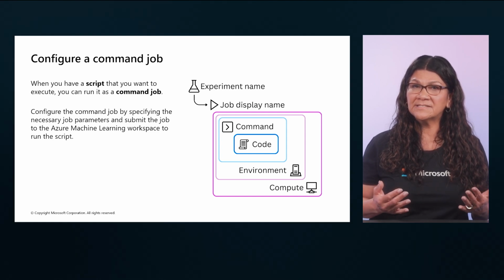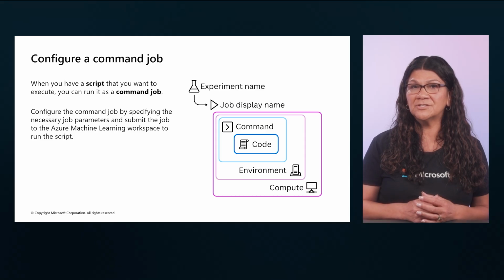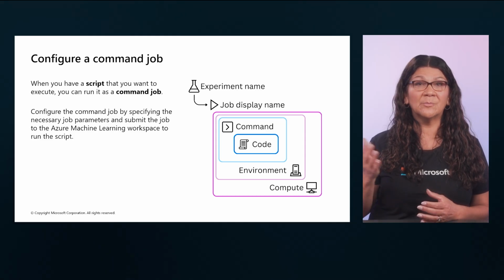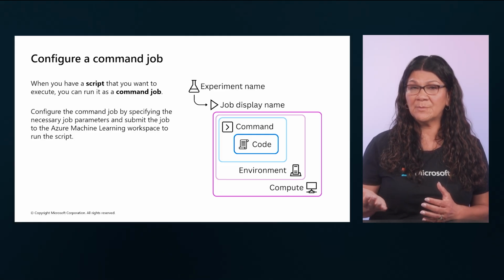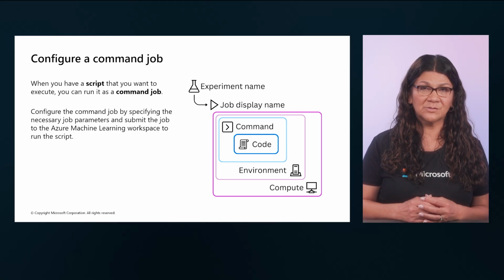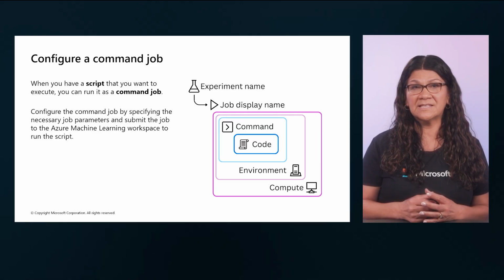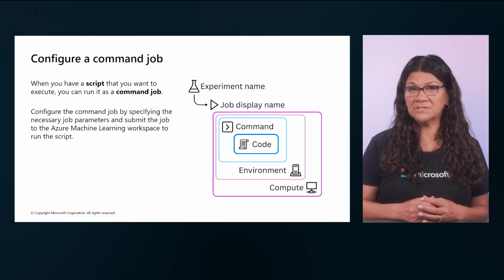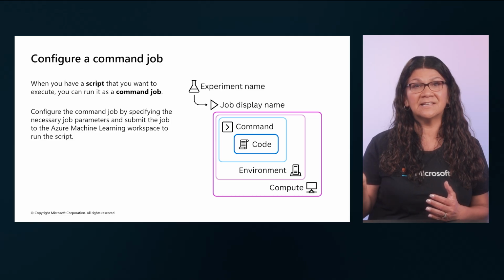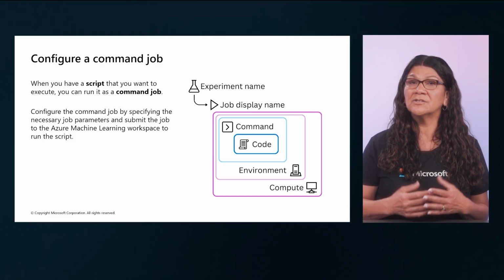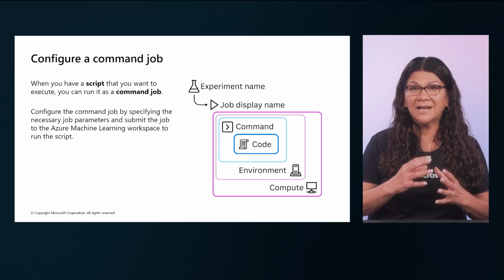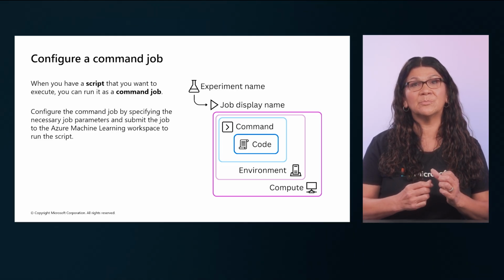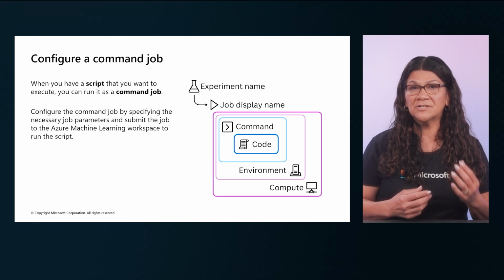Here we see a breakdown of the configuration into the essentials: experiment name, which groups related runs; job display name, which is a human-friendly label for this run; code, which is the folder containing your script; and the command, which is the exact file entry point to execute. The environment will package the runtime it needs on the compute, and compute will run the job.